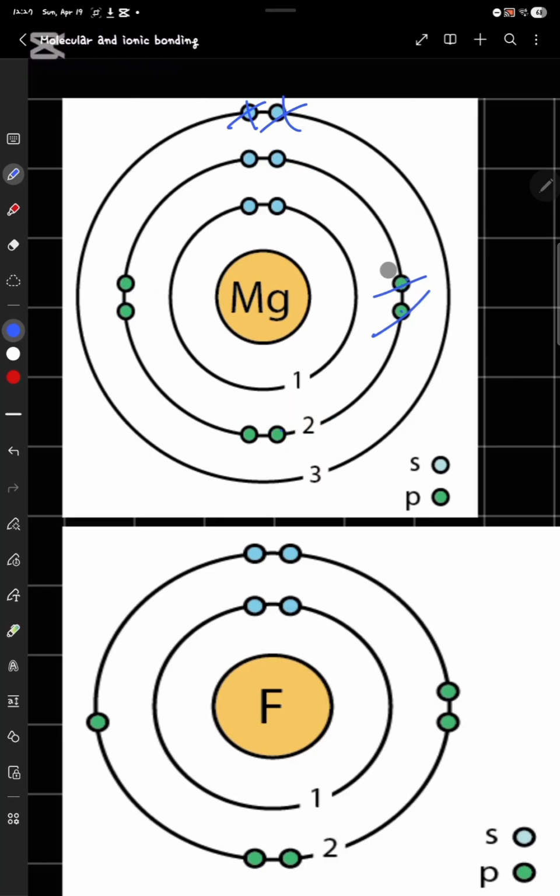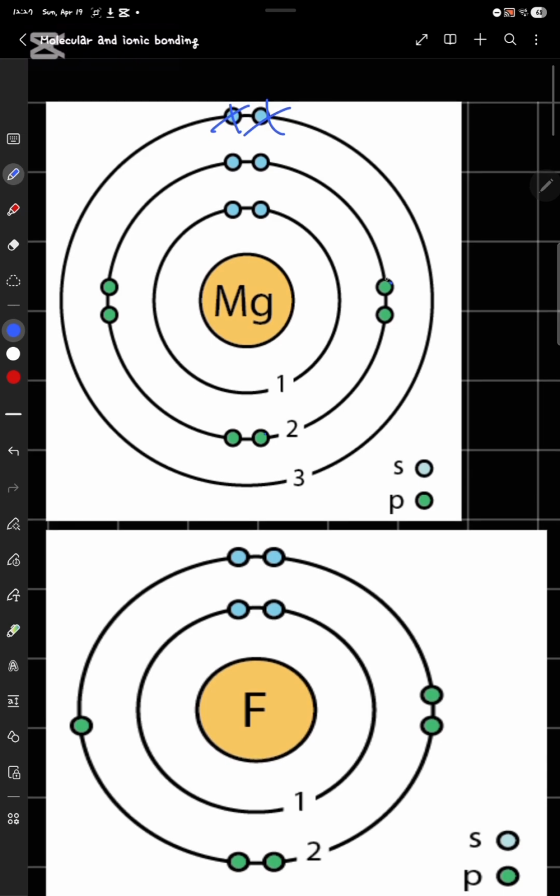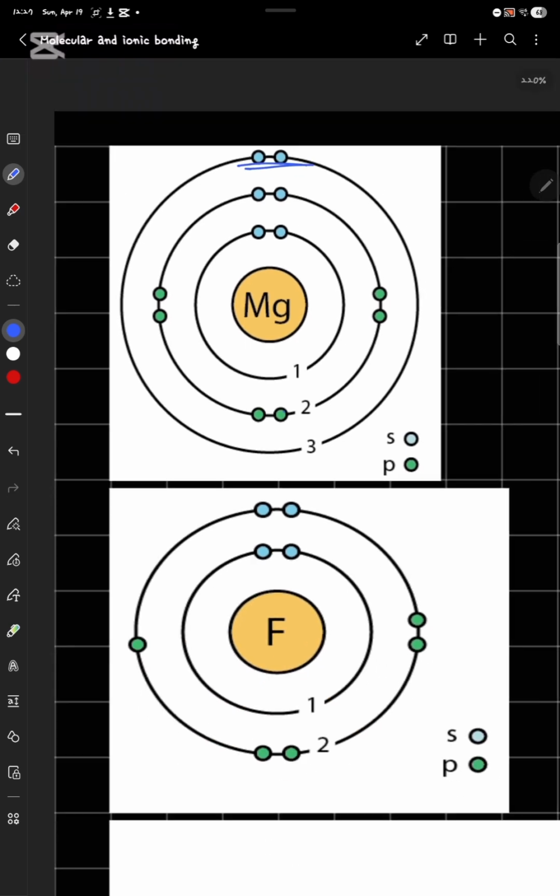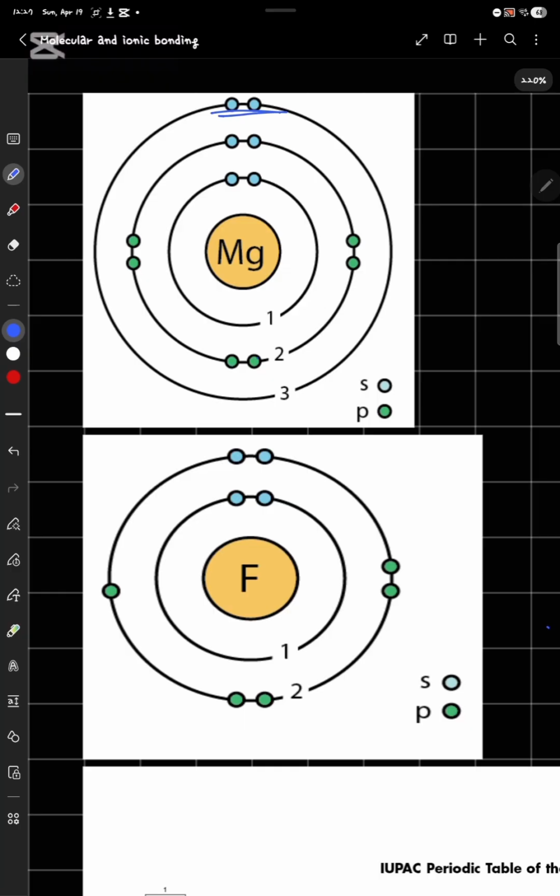So it will end up with 8 valence shell electrons if you lose these 2. It will be more favorable for magnesium to lose these 2 than to gain 6. So let's say it gains 6 there: 1, 2, 3, 4, 5, 6. Then it would be much more work to obtain the same result of 8 valence shell electrons, right?